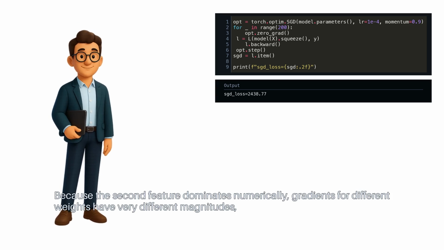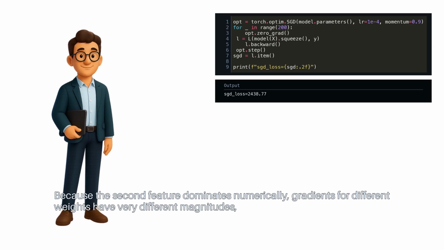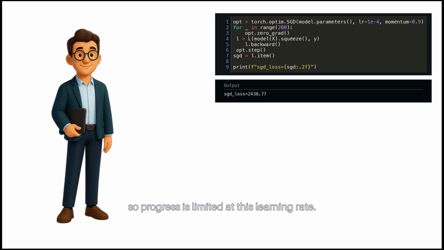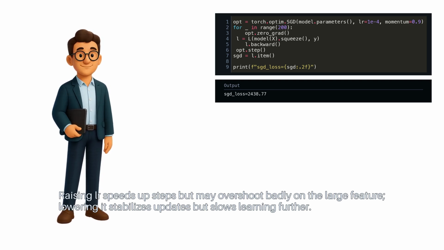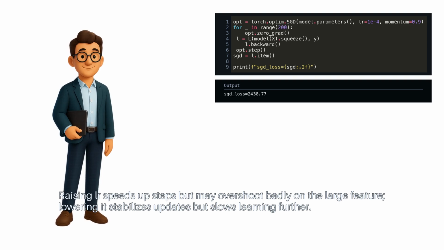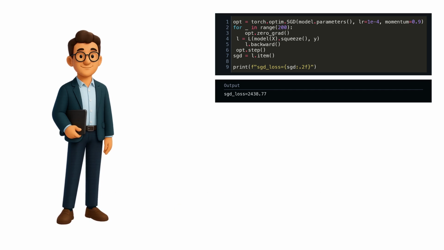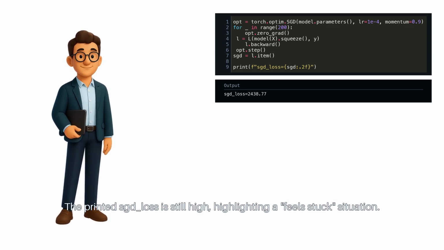Because the second feature dominates numerically, gradients for different weights have very different magnitudes, so progress is limited at this learning rate. Raising LR speeds up steps, but may overshoot badly on the large feature. Lowering it stabilizes updates, but slows learning further. The printed SGD loss is still high, highlighting a feel-stuck situation.